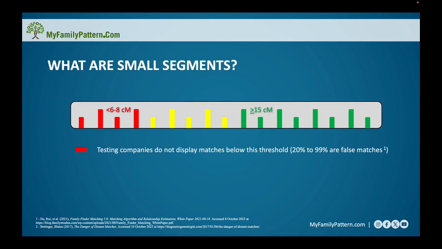Typically, that's because most of those matches are going to be false matches, or we can't guarantee that they are accurate and true cousins. Now, it varies between 6 and 8 centimorgans depending on the testing company. For example, Ancestry only shows matches that are 8 centimorgans and greater, whereas Family Tree DNA shows 6 centimorgans or greater.